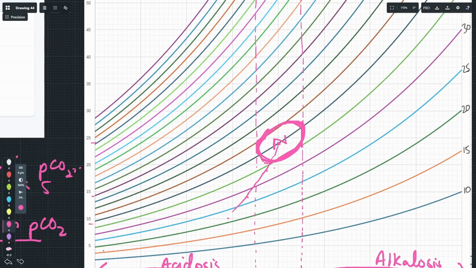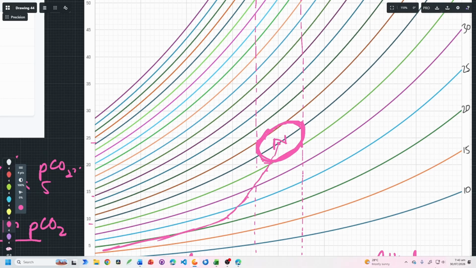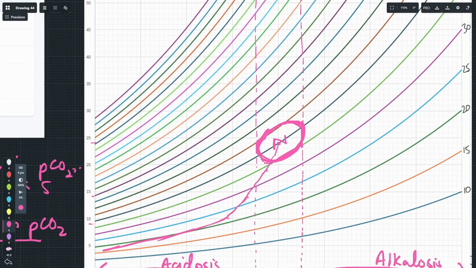I think it's correct if I'm not wrong. Let me confirm this. I think the other dot would be somewhat here. Again, it's not completely accurate, but you can get some idea of what it is representing. So we can make a line like this.